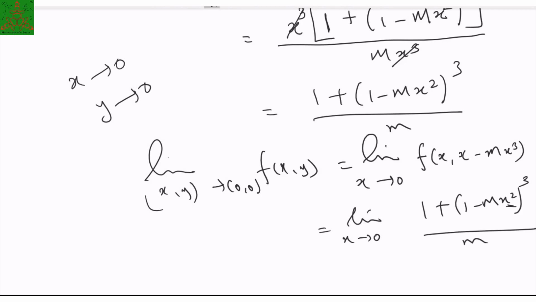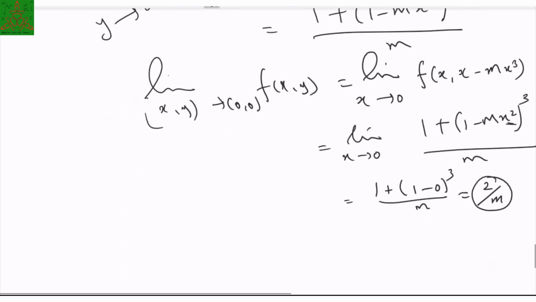If I take the limit here, it is 1 plus 1 minus 0 power cube upon m. So finally you will have 2 upon m, and this also depends on m, so the limit of this function does not exist. This is actually the exceptional example we have discussed, in which the logic I told you in the above example is not working.